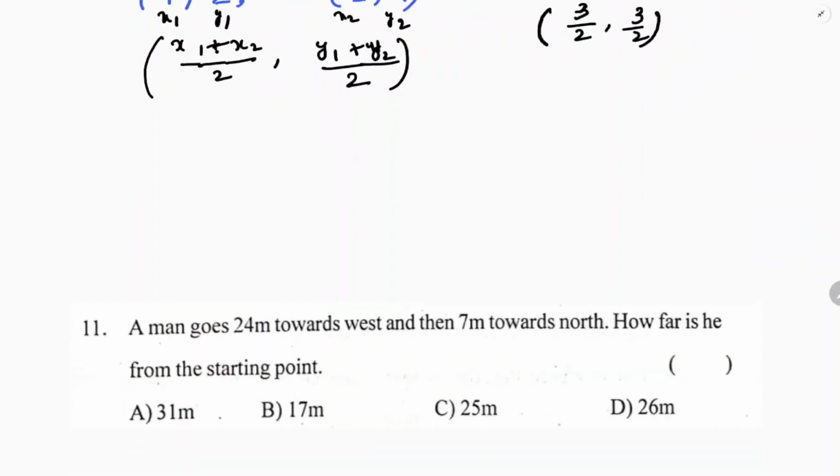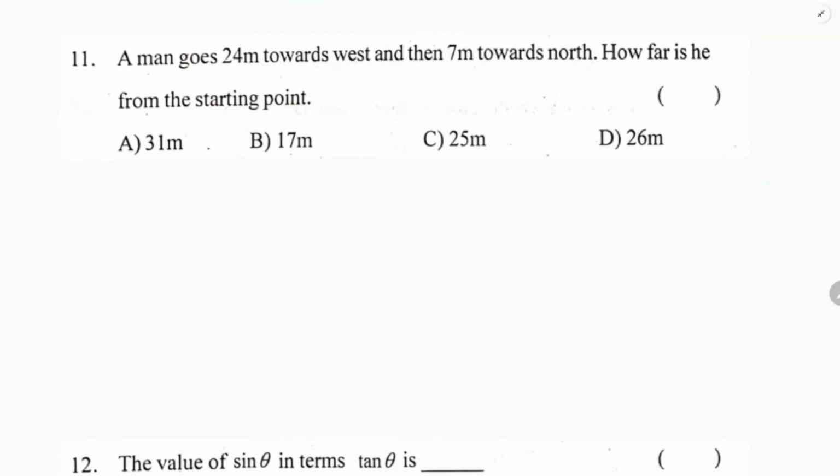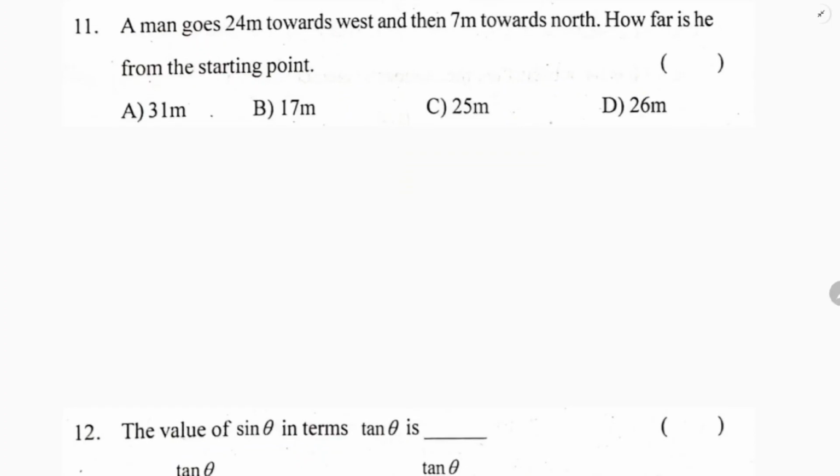Next question. A man goes 24 meters towards west, then towards north 7 meters. So what they want to say is it's perpendicular. How far is he from the starting point? So we need to find AC.